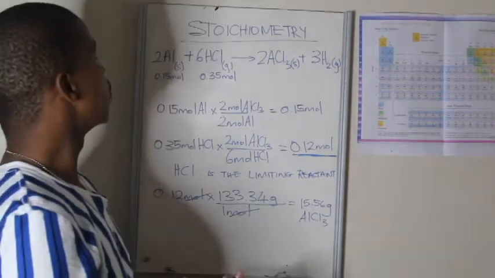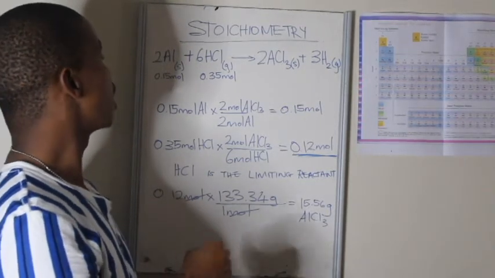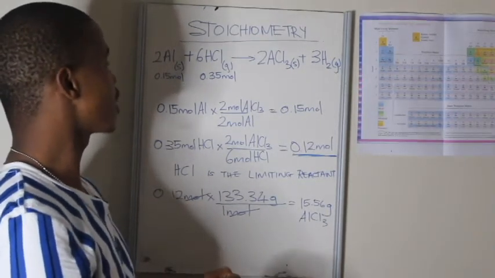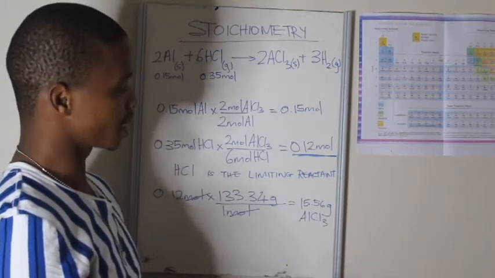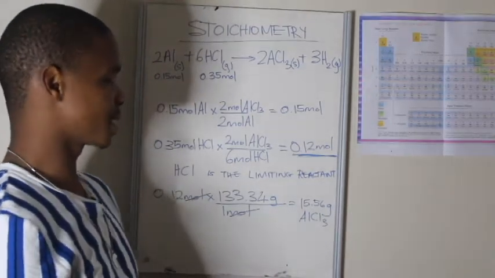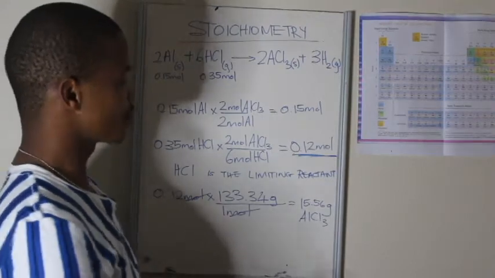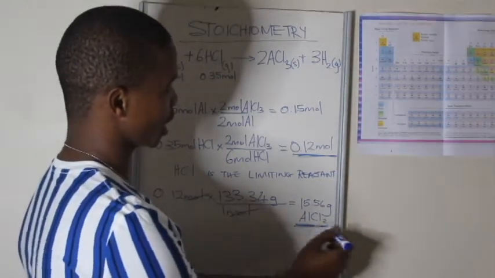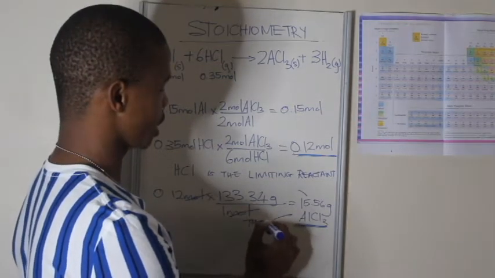So in this, when you mix 0.15 mole of aluminium and 0.35 mole of HCl, you can get a maximum of 15.56 grams of aluminium chloride. Now this maximum amount that you can get is called your theoretical yield.